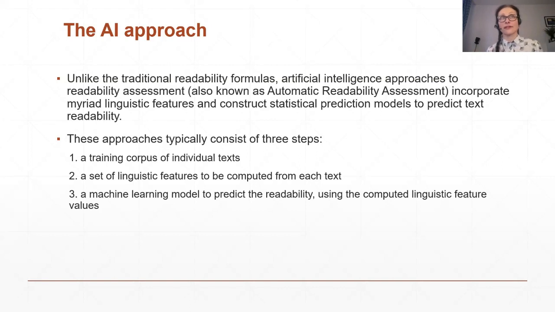The second one is a set of linguistic features to be computed from each text, and also it requires a machine learning model to predict the readability using the computed linguistic feature values. So in other words, with a good corpus of technical texts and well-defined linguistic features that affect the comprehension of technical texts, we would get fairly reliable scores.